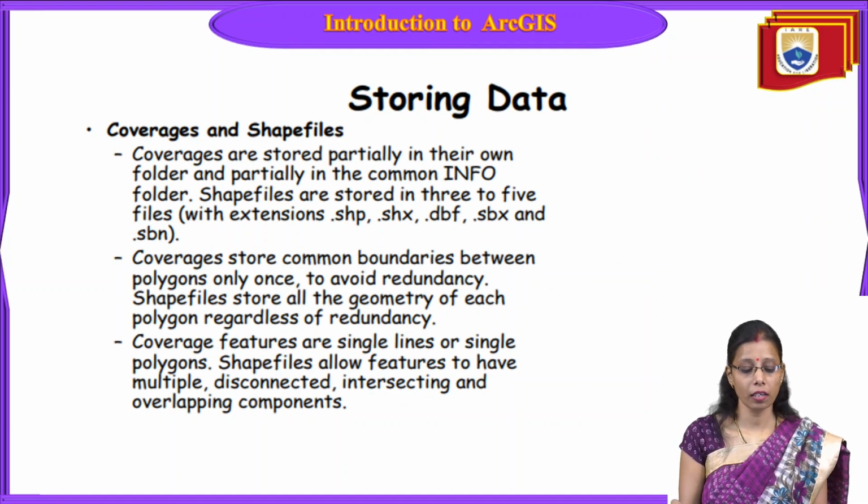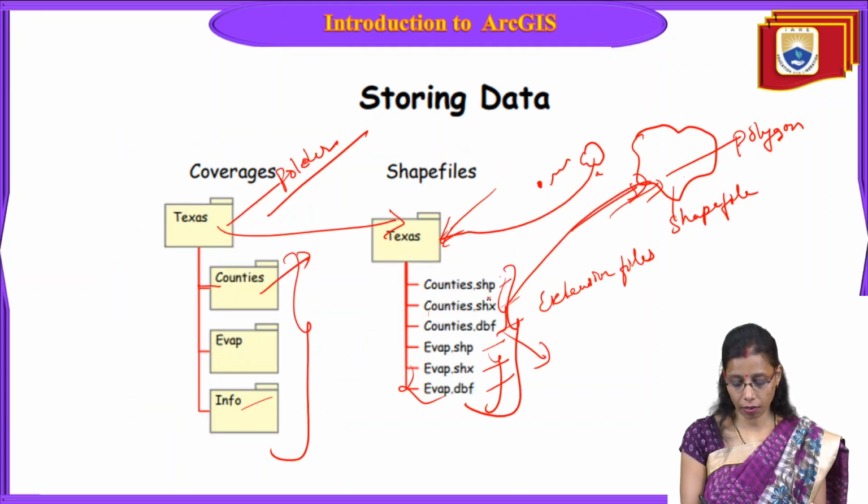Now storing data in coverages and shapefiles. Coverages are stored partially in their own folder, partially in the common info folder. Shapefiles are stored in 3 to 5 files, with extensions .shp, .shx, .dbf, .sbx and .sbn. Once we create the shapefile, these 3 files will be created first: .shp, .shx and .dbf.